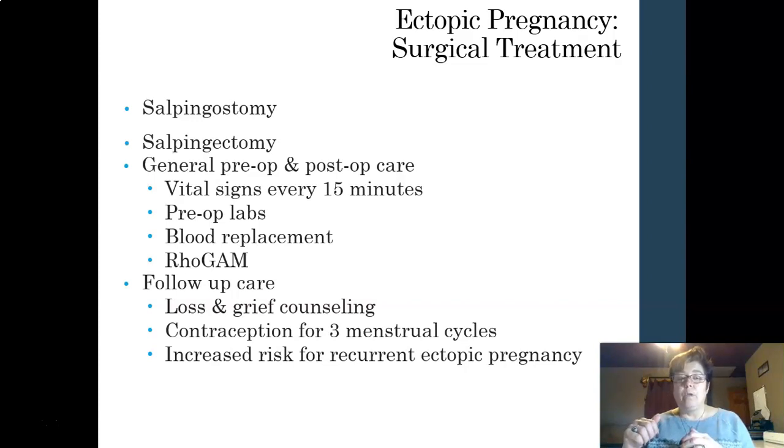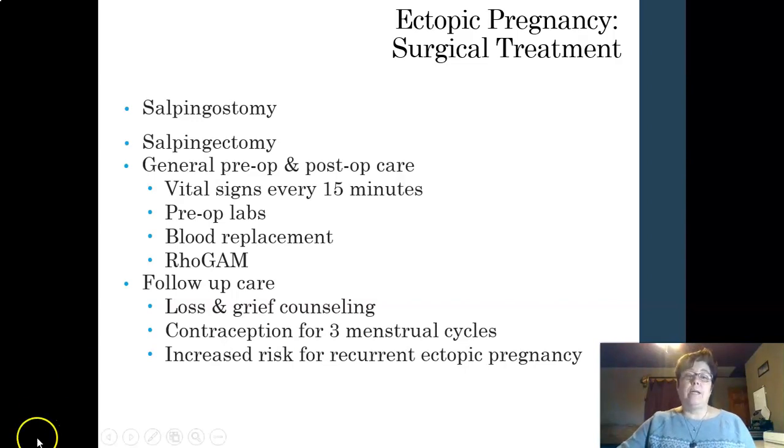So if you remember, women ovulate, they switch sides every month, ovaries. So she would not be able to ever become pregnant when she ovulates from that ovary. Okay, so she would only be able to get pregnant every other month, which is very important to let women know afterwards if they want to try to get pregnant again, because it's going to take longer.